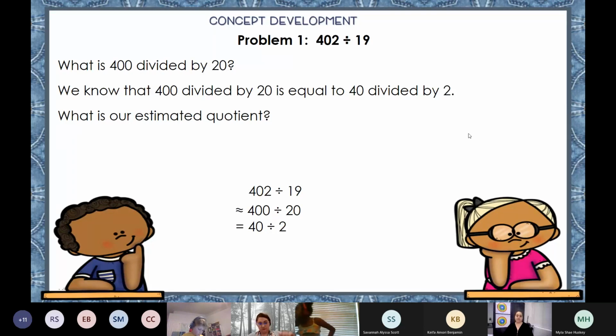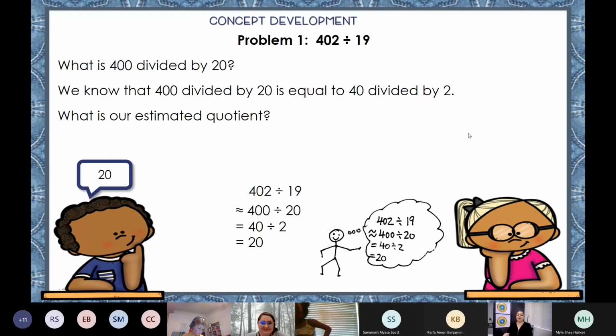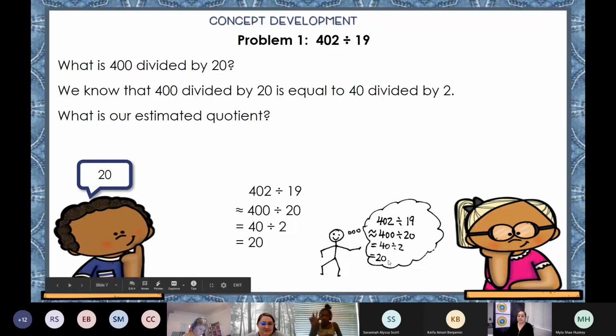Then we'd write our 2 down, and then we carry down our 0. We're going to bring the 0 down. So 40 divided by 2 is 20. Here's my little person thinking about it. He's rounded it, approximated it to 400 divided by 20, and then 40 divided by 2, which gives us 20.